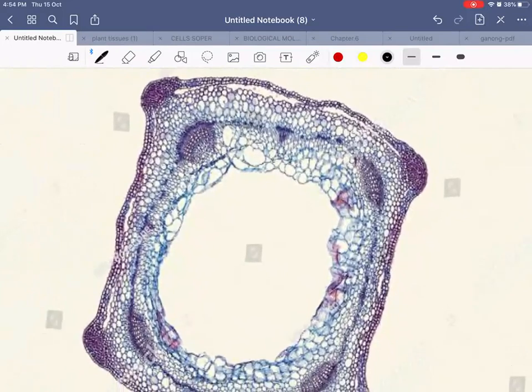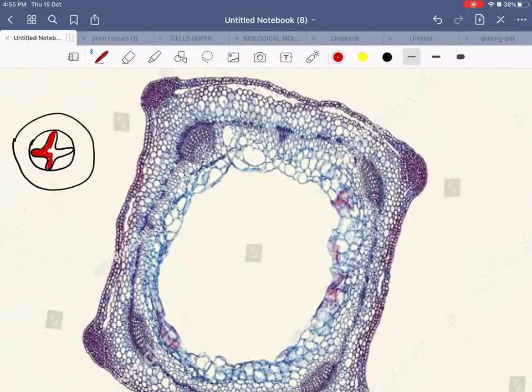The reason it's a stem is that if it had been a root, the diagram should have been like this. A root always has xylem and phloem arranged in the center.